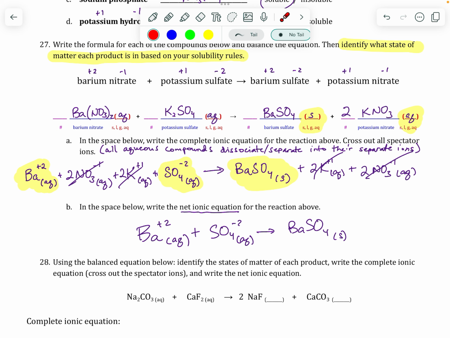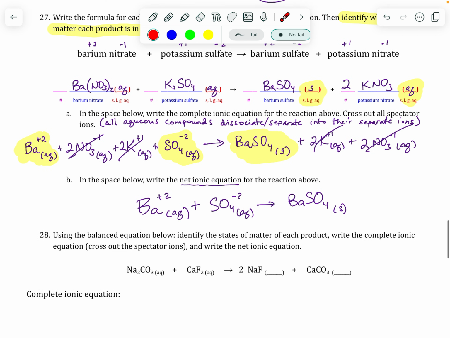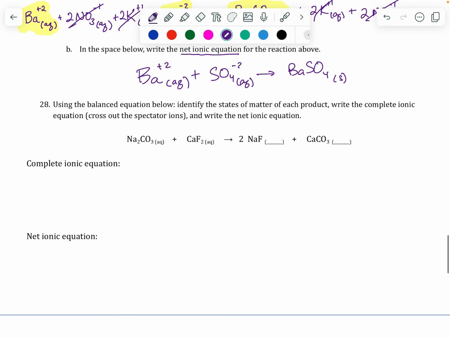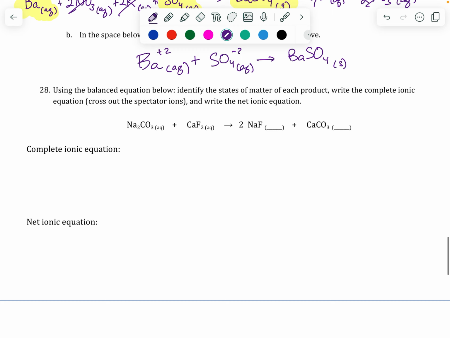So a lot to remember, but again, it gets a little bit easier as you get into the groove of this. So by doing the exact same thing, in this case, I give you those formulas, so I just want you to identify which one's aqueous, which one's solid. Aqueous, this is solid based on our solubility rules.